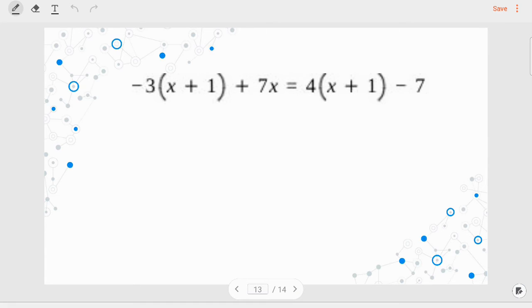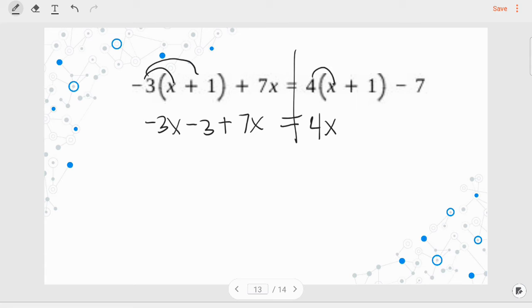Okay, let's look at a different example. Draw my line, simplify both sides. So negative 3 times x is negative 3x. Negative 3 times 1 is negative 3 plus 7x. Notice I don't keep distributing because I'm done with my parentheses. Equals 4 times x is 4x. 4 times 1 is positive 4. I stop multiplying, bring it down.